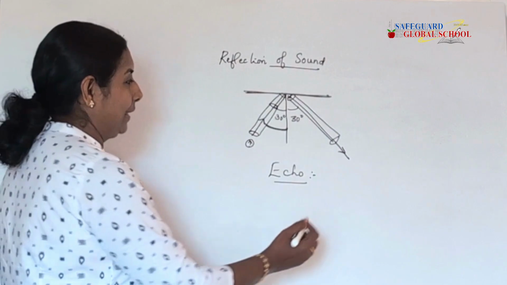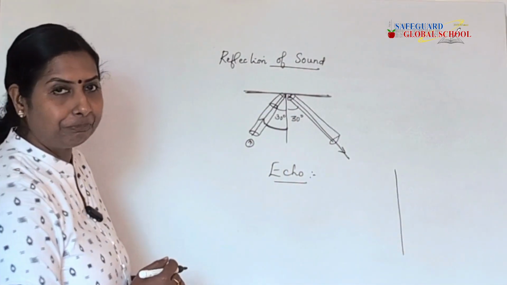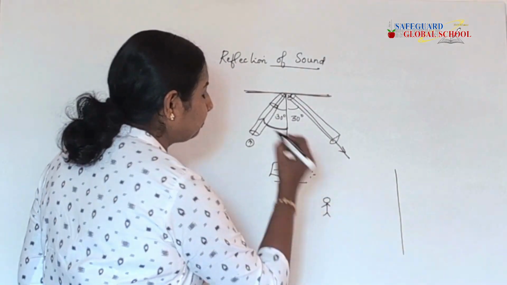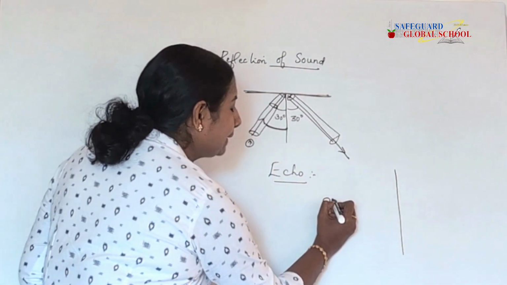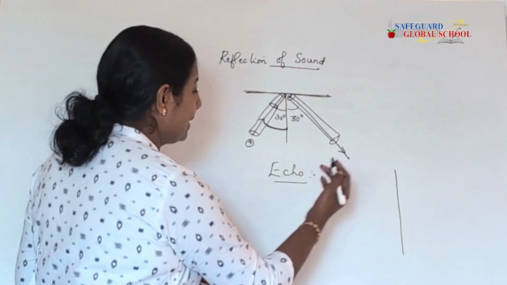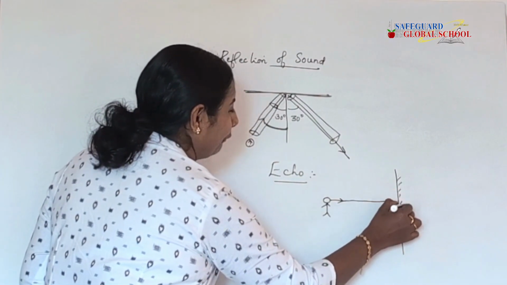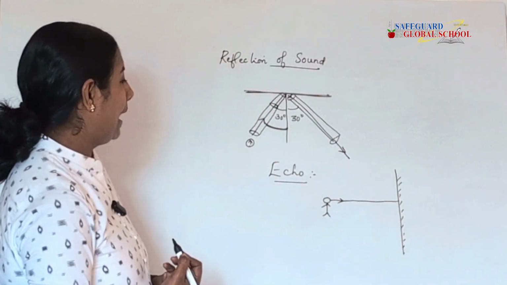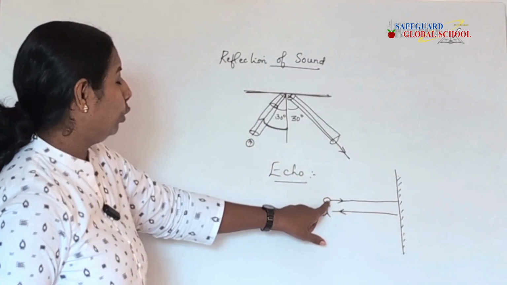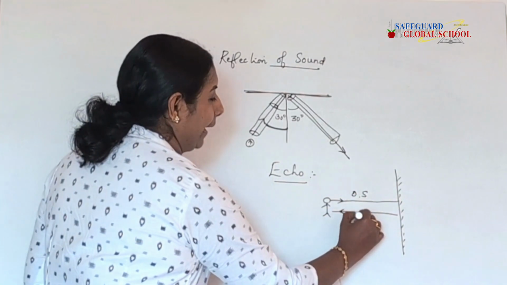So let us understand it. Suppose there is a reflecting surface over here and a person is standing here. He sends a sound just like a clap. He sends a sound such that the sound hits a reflecting surface and comes back to him. So this is the original sound and this is the echo we hear.